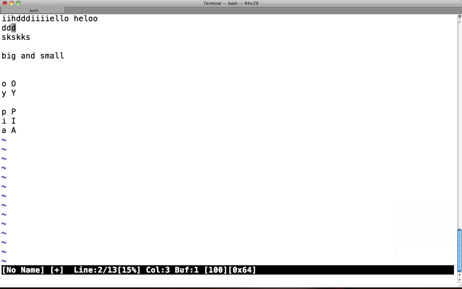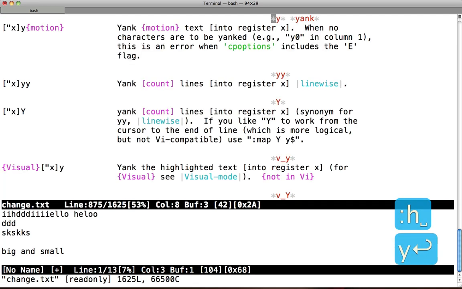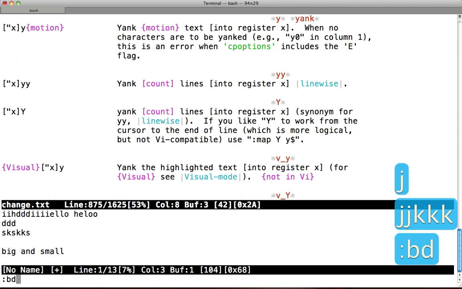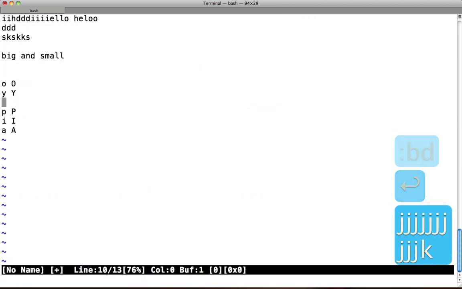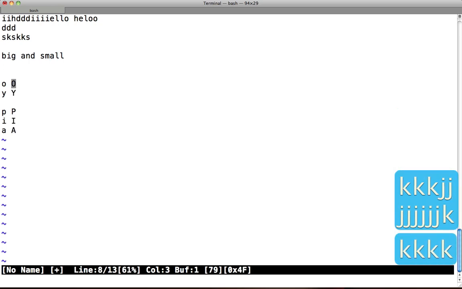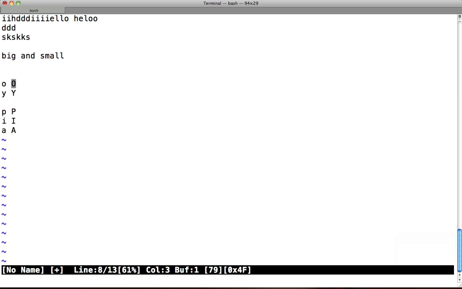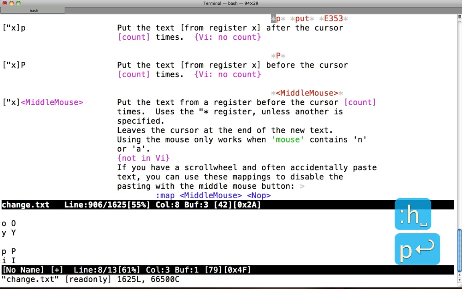Then one common editing task is that you need to copy and paste. In Vim, you don't call it copy, you call it yank, Y-A-N-K. Maybe you don't know what yank means. You can try help y. And also, if you don't know any of those big and small things, you can just type help p, and of course you get the big P there.